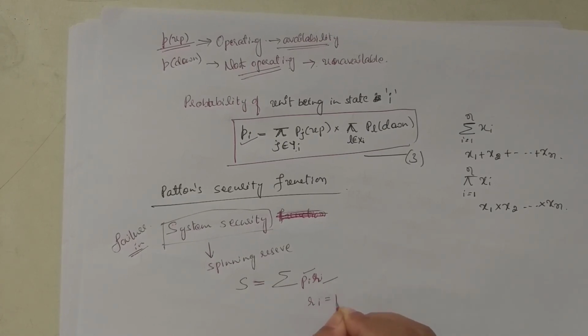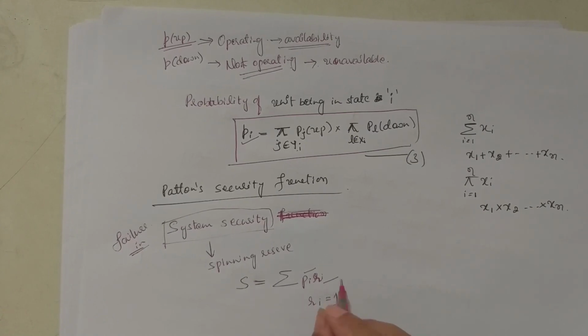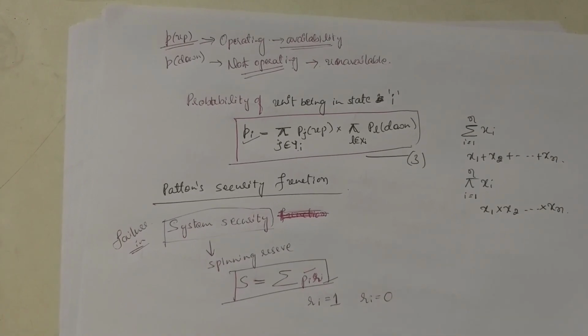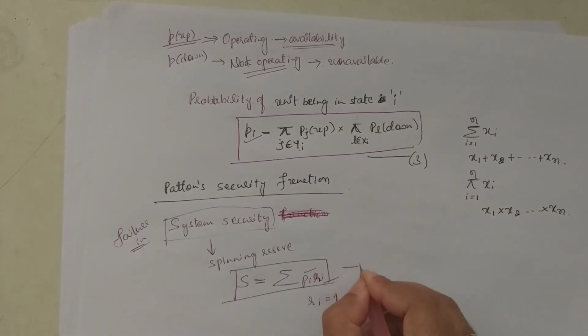If there is a power system security failure, R i is equal to 1, or else R i is equal to 0. Take it as equation 4.